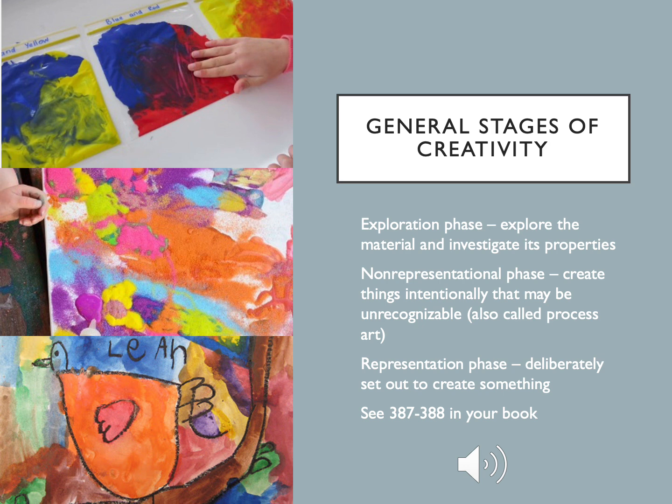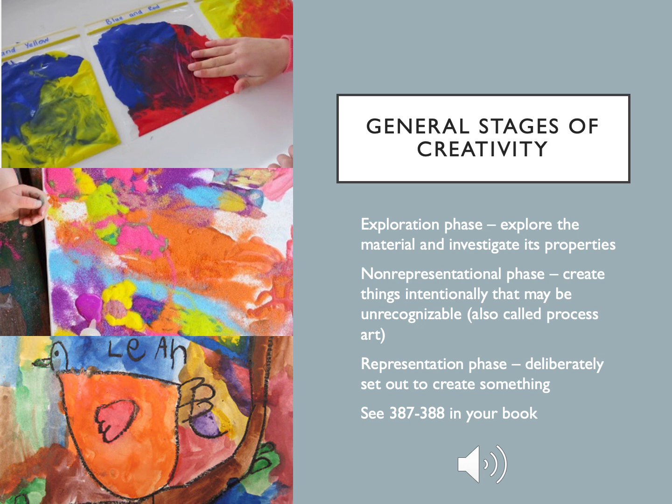And we may add representation through audio or video or even words on the page to help children to represent their artwork in a different way. But really, this is an open-ended creation that doesn't have a right or wrong answer.